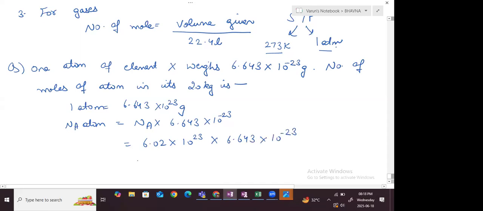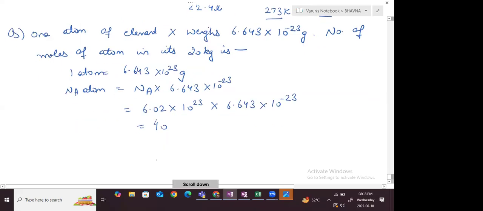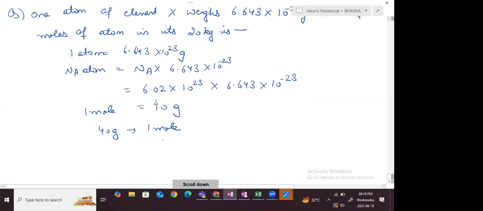So when we solve this, I need to use a calculator. 6.02 multiplied by 6.643 will come to approximately 40. So the mass of 1 mole of atoms is this, 40 grams. This is for 1 mole, but I have 20 kg.